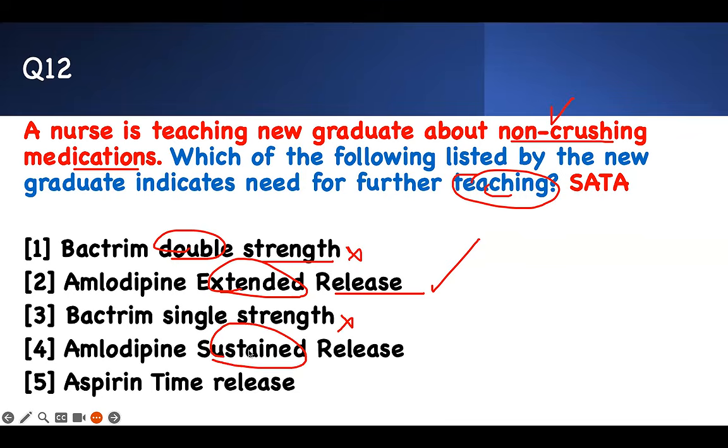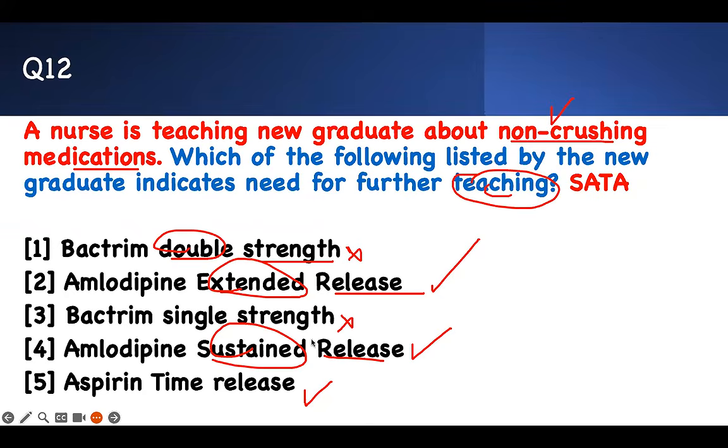Amlodipine sustained release should not be crushed. Aspirin time release should not be crushed. Amlodipine sustained release, extended release, and aspirin time release are correct. Those that the new graduate added that can be crushed are 1 and 3.